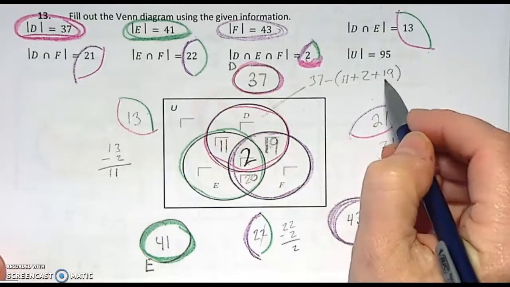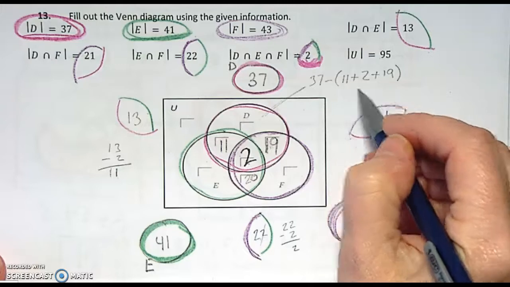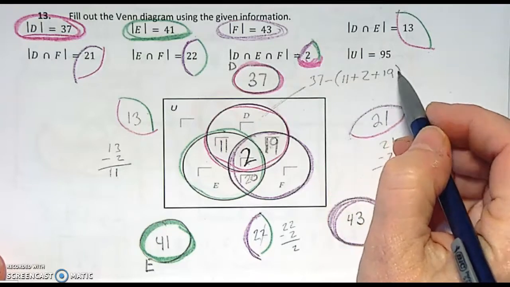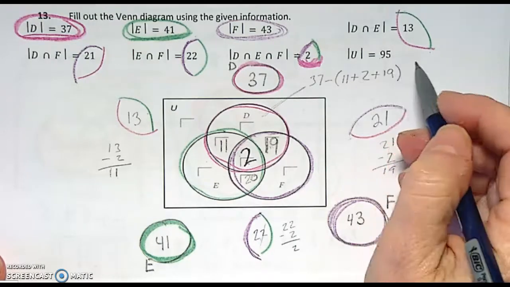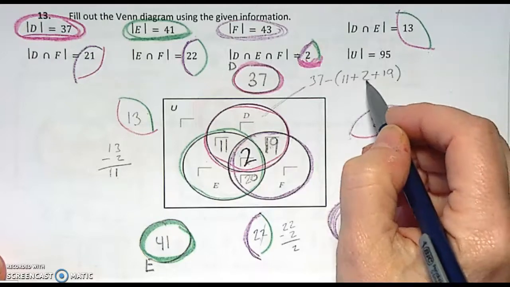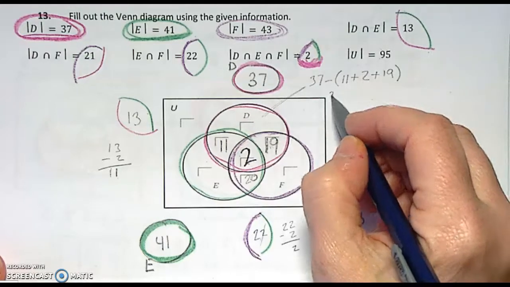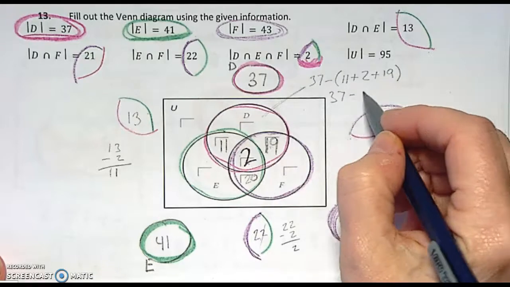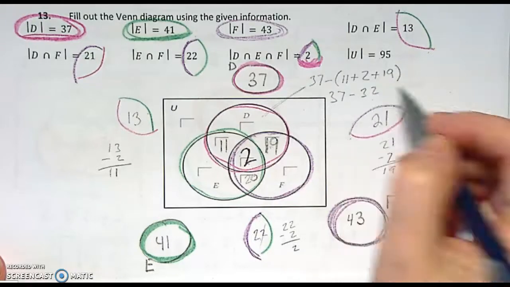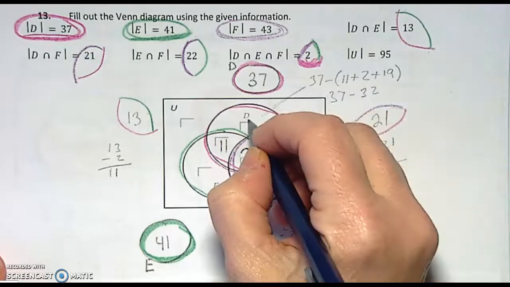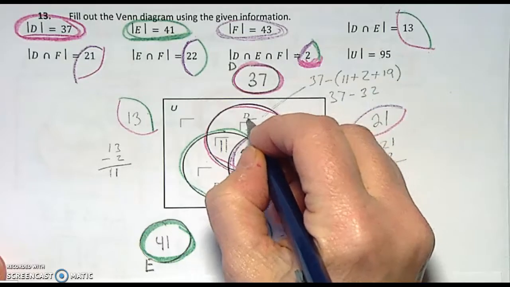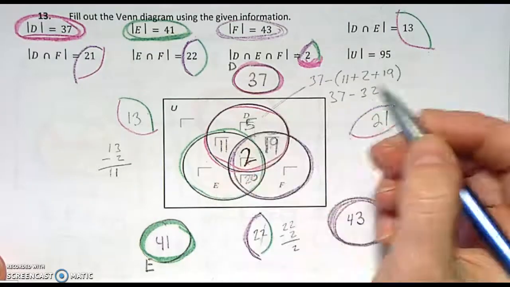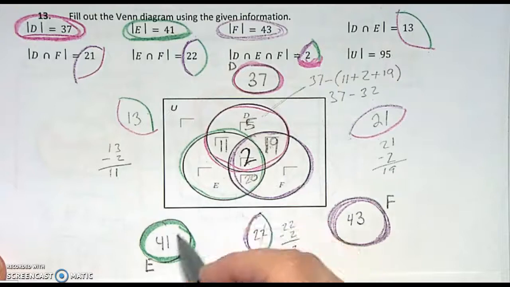And what I see is 11 and 19 because that makes 30, because the 1 and the 9 can go together, and then the 2. So it's 37 minus 32, which is just 5 elements right here. Hopefully that's visible.